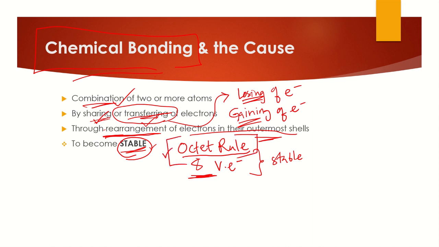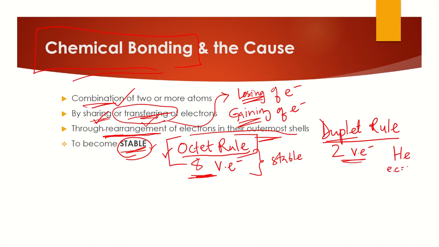Now, besides the octet rule, there is also another rule called the doublet rule. The word doublet stands for 2. There are some atoms which, when they have 2 valence electrons, tend to become stable, just like the helium atom.